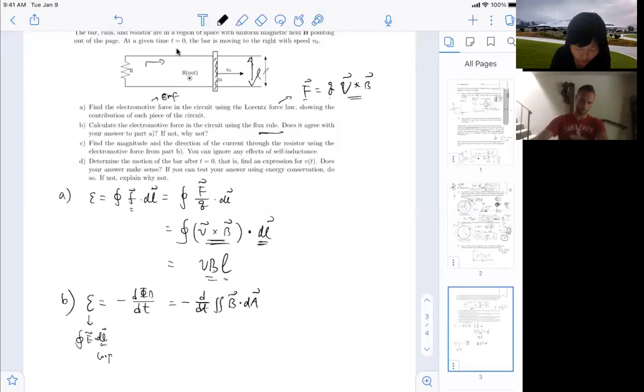Whichever way you choose to evaluate this loop is totally up to you. But like we said, we tend to choose a dA in the same direction as B so that this becomes positive. Let's say your B is outside, so I'm going to choose an area that's also pointing outside.